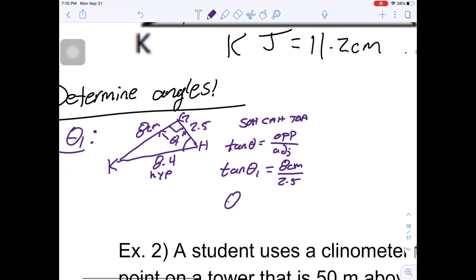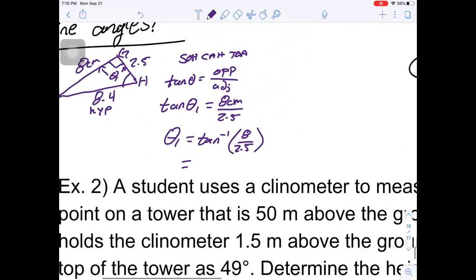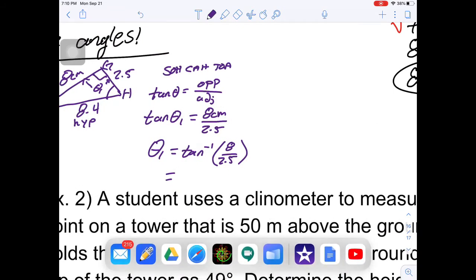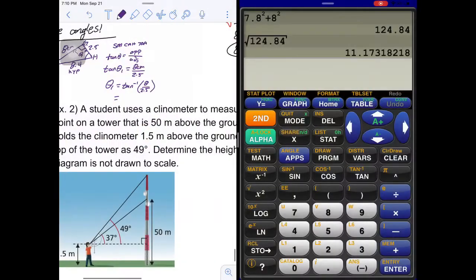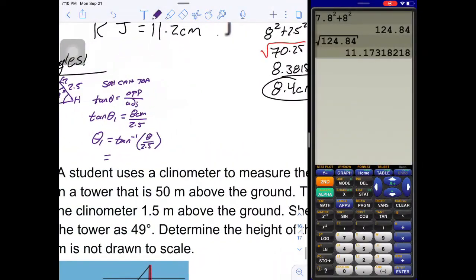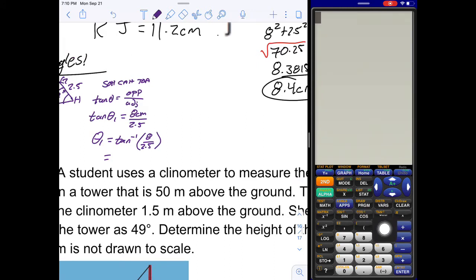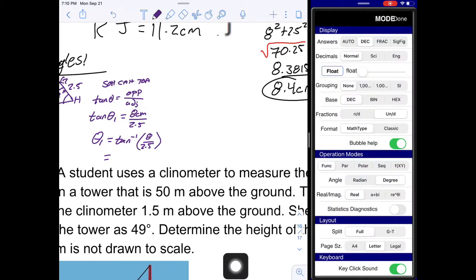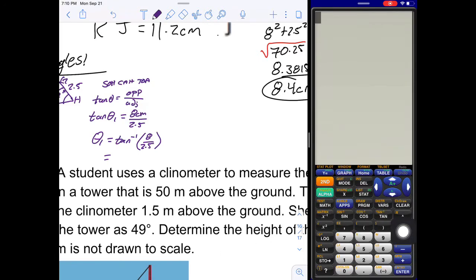And now, to solve for angle 1, you take the inverse of tan and plug in that ratio. Okay, so let's do that. Remember where inverse tan is. Inverse tan is in the yellow. Make sure your calculator is on degree mode. So we're going to press second, tan inverse, and plug in 8 over 2.5.